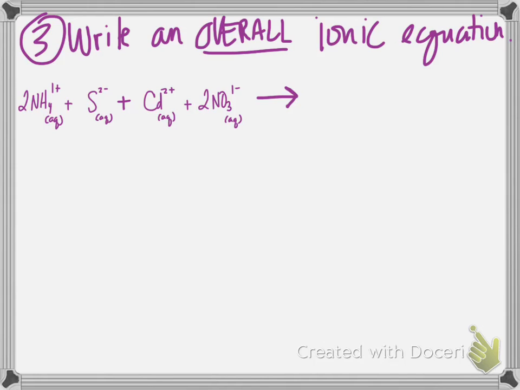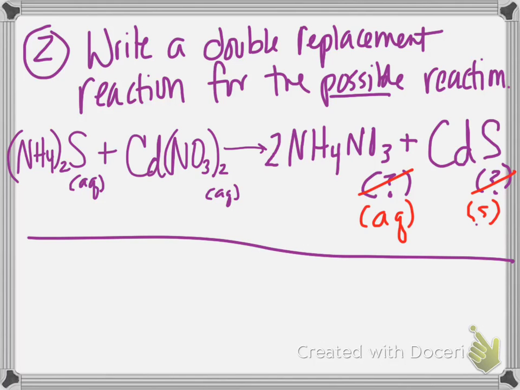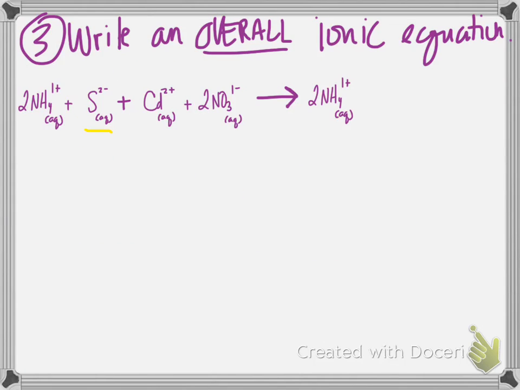So our ammonium ions come through unchanged. Is sulfide involved in a compound on the other side of this? And we have to go back to here and look at our state information. Yeah, cadmium and sulfide ions are going to form a compound. So we're actually going to write that.